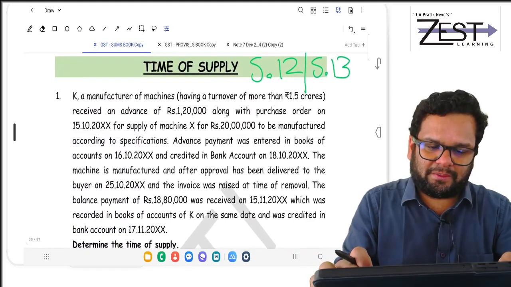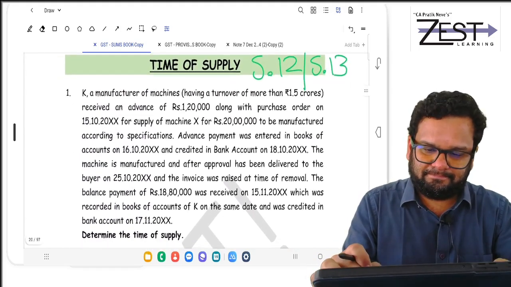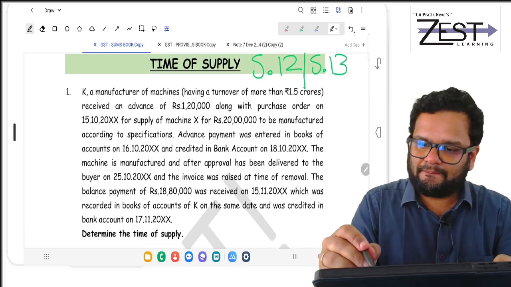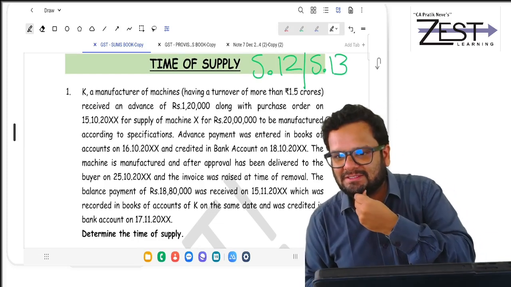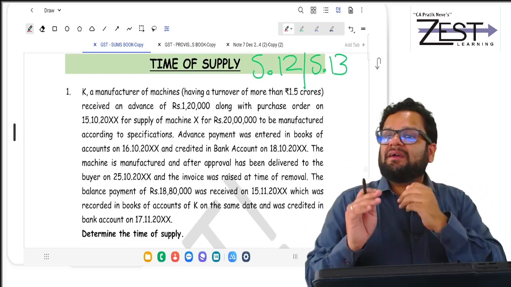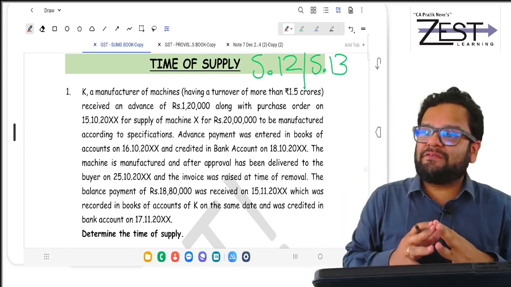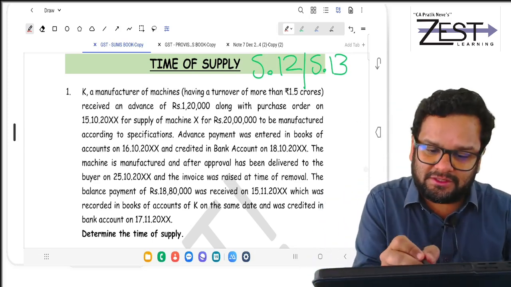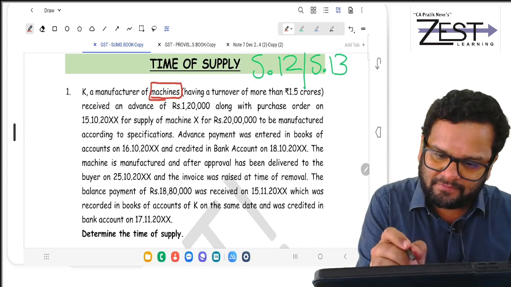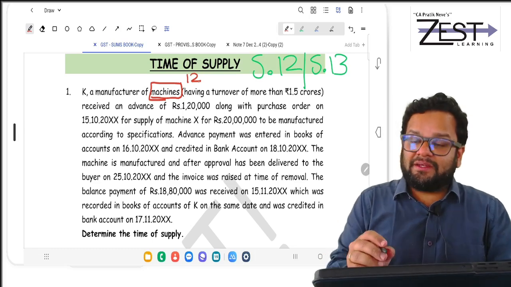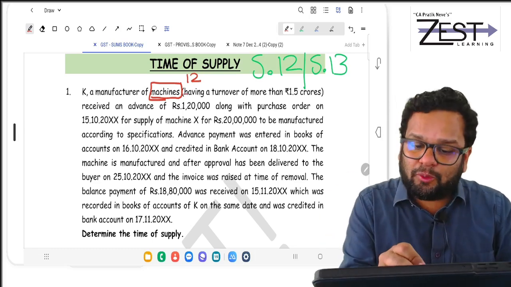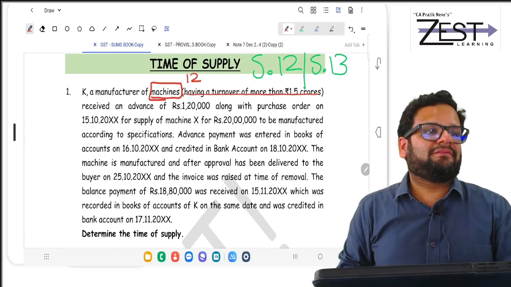Time of supply. K, a manufacturer of machines. Machine means I have to go to 12. Goods. Having turnover, I am not bothered with turnover.